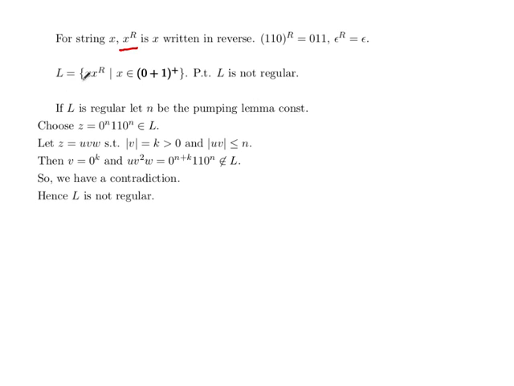So now the language is x followed by x reverse. It's like putting a mirror here. Say you have 0 1 1 1, maybe, as your x, and then it's like putting a mirror and taking the reverse.